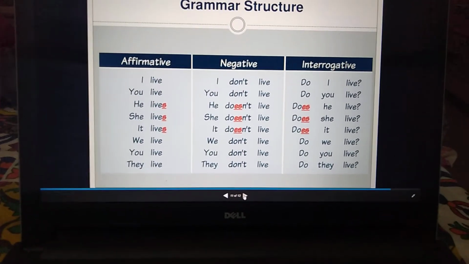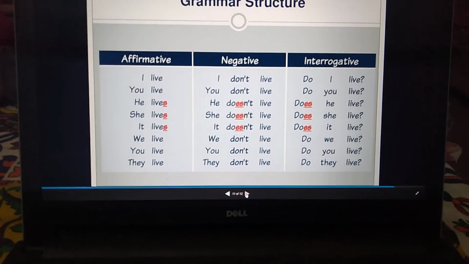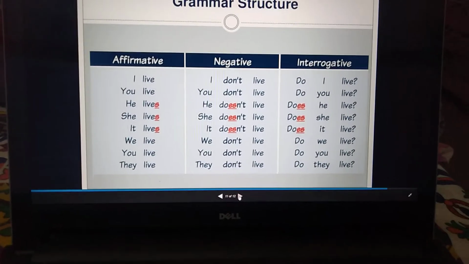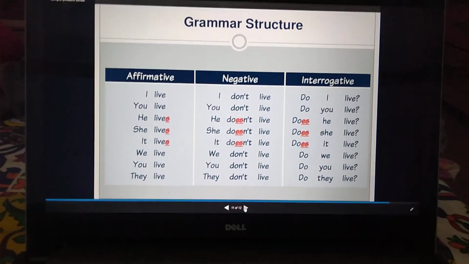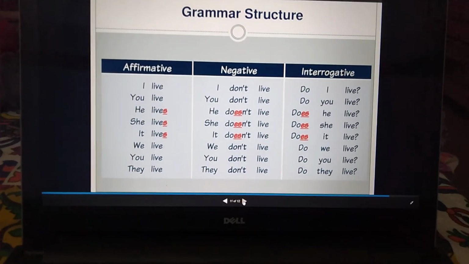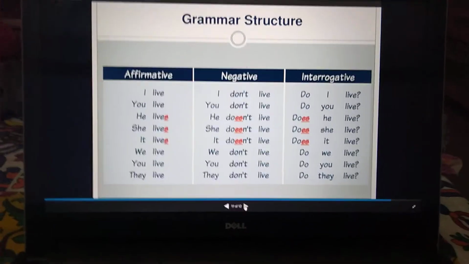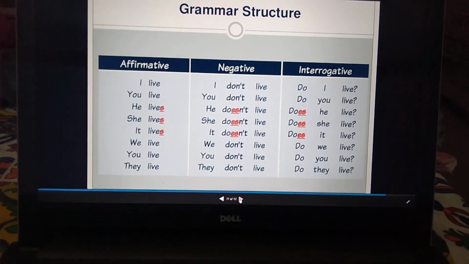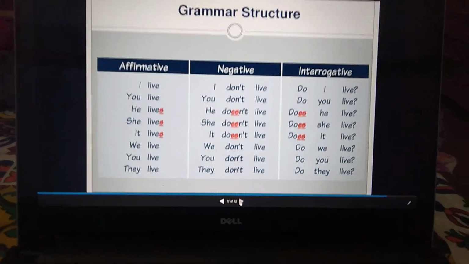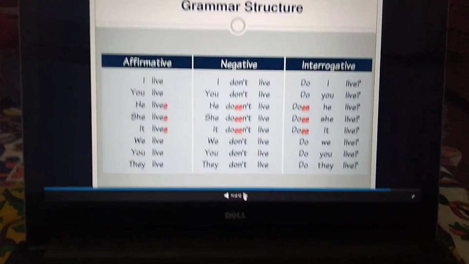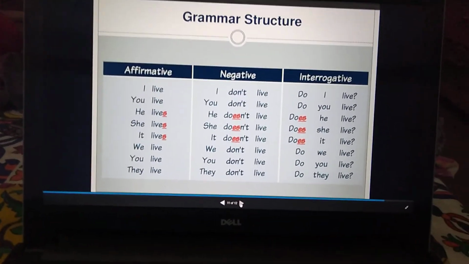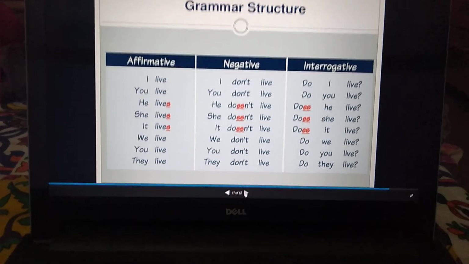So we are going to use the helping verb do with that. Clear? And when the subject is a third person pronoun and it's singular, so we are going to use does with that. Clear? But if the subject is plural, then we are going to use do with that. And then we talked about the affirmative, negative, and interrogative sentences. Okay, thank you, bache. Have a blessed day.